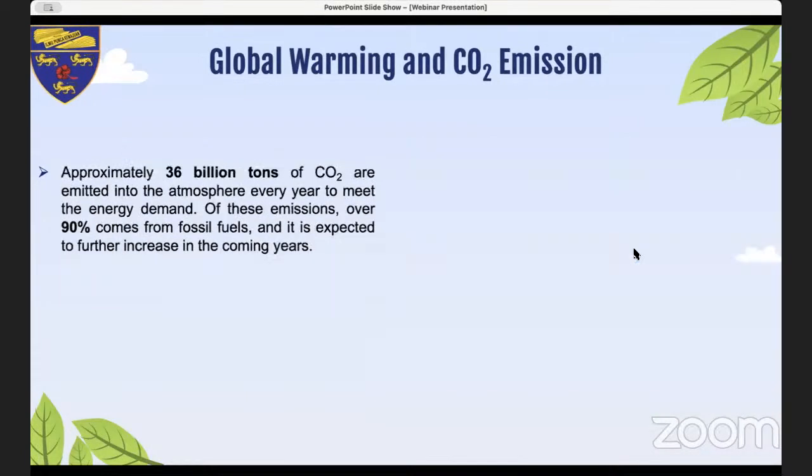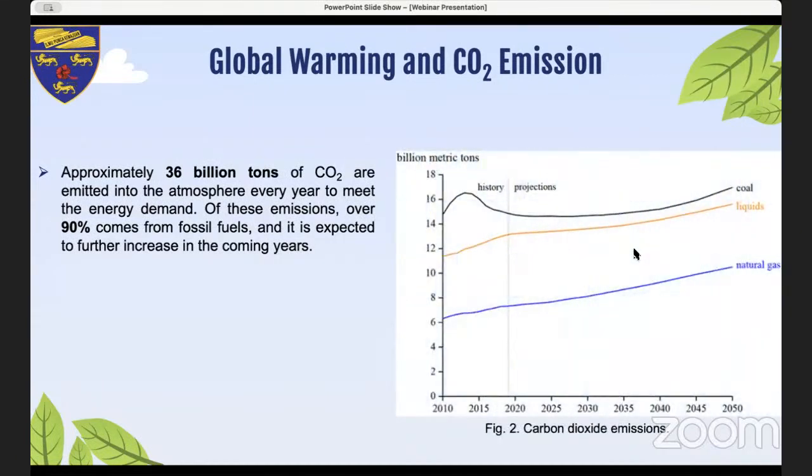Because of this consumption of energy, every year 36 billion tons of carbon dioxide are emitted into the atmosphere. And 90% of this 36 billion tons is attributed to consumption of fossil fuel. In this graph, you can see the emission of carbon dioxide because of consumption of fossil fuel.